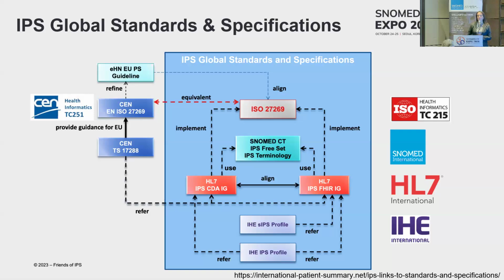And those FHIR value sets are terminologically bound to SNOMED CT. And also IHE provides profiles so that if you decide to utilize IHE, you can do so within the IPS framework. And so this is just a very high level overview. But of course, we are here at a SNOMED CT conference. So you can see that we have SNOMED CT in the middle there. And so that's what we're going to focus in on today. Next slide, please.